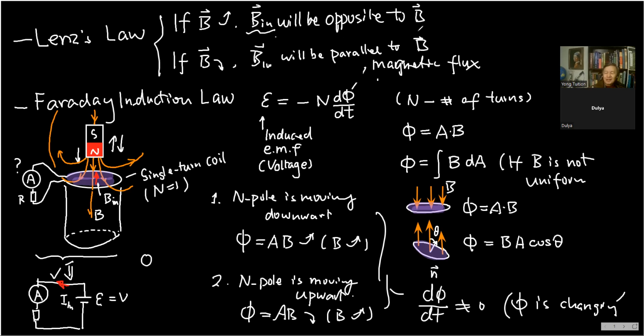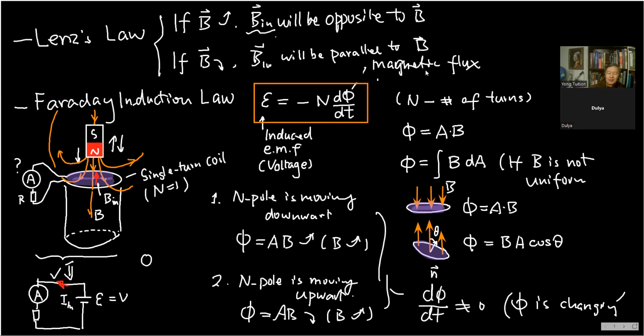The induced current will generate the induced field to resist the change of the magnetic field. That is an important idea of induction. Lenz's law tells you exactly the direction of the current. So this is Lenz's law. Do you have any questions?